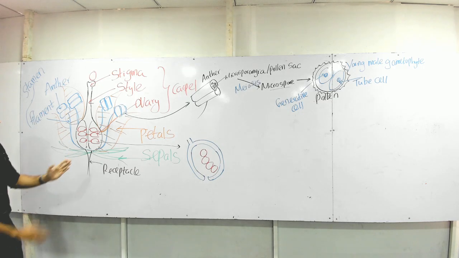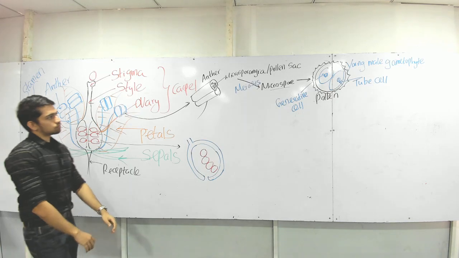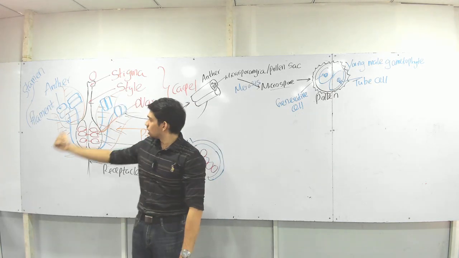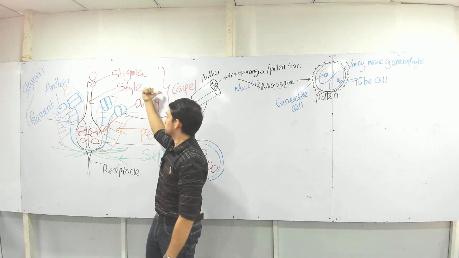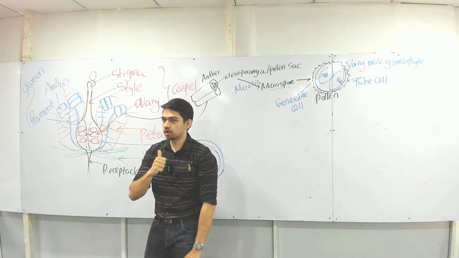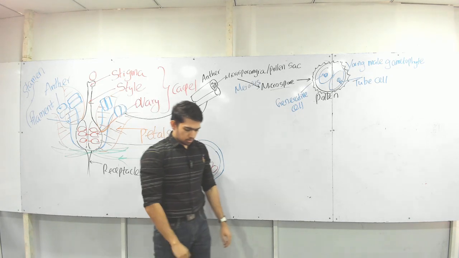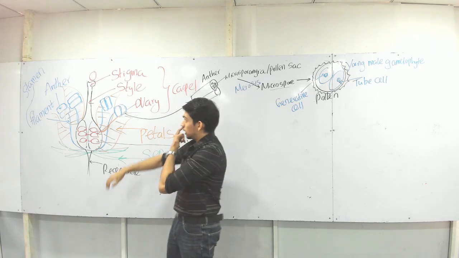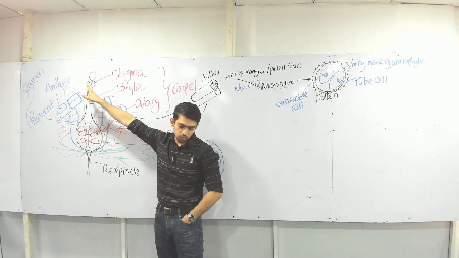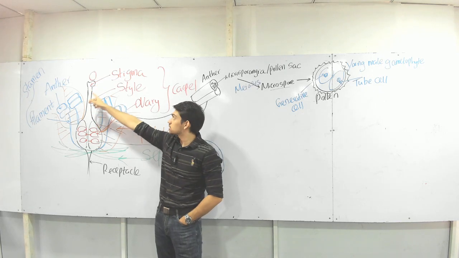The filament shape can be very different from flower to flower. Okay. So coming to the female side, carpels are actually megasporophylls. Very differentiated, very modified megasporophylls. At the tip of the carpel is a sticky stigma. This is where the pollen grain will be deposited, receiving.